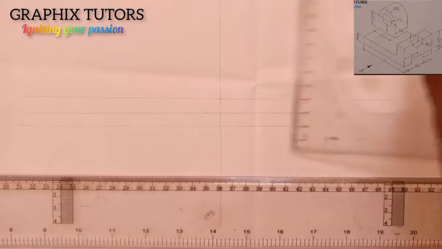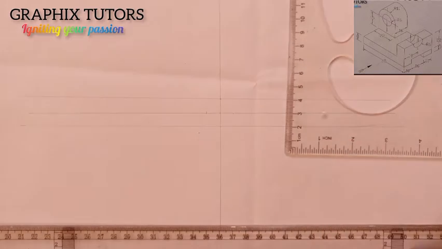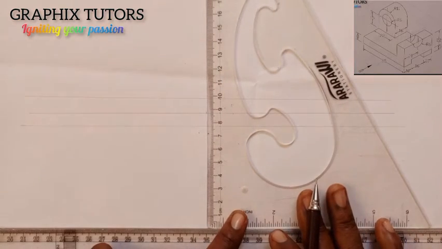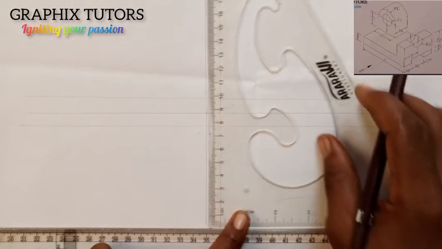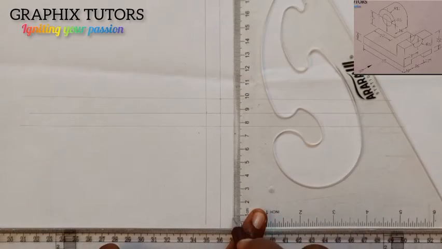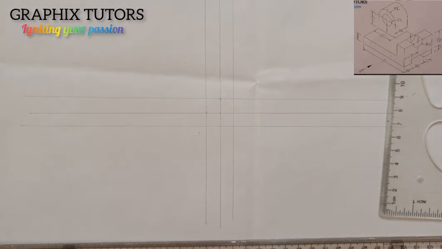And you take your first square and you place it here to pass through this point. You come here also, you do the same thing. Now this is what you bring out first of all.